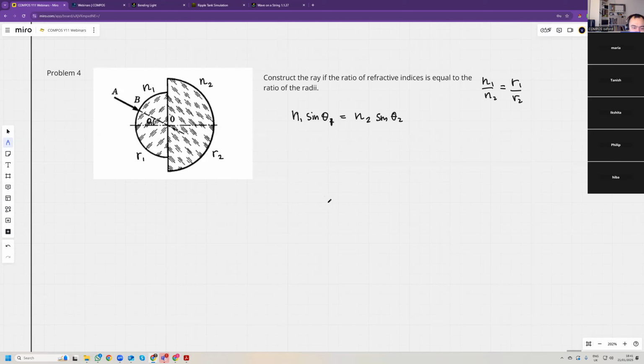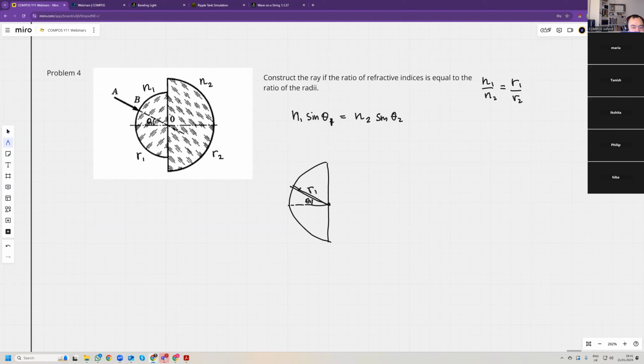And we do it in the following way. If I take this as my first half sphere, and I draw a radius, R1, this angle is θ1.